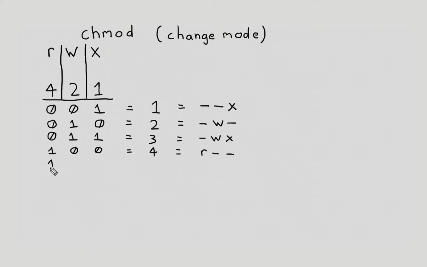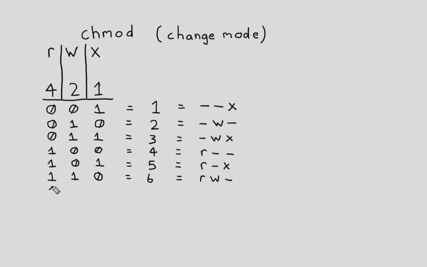5 would be 1 here in the 4's place, 0 in the 2's place, and a 1 here. That is 5, which equals read, no write, yes execute. 6 would be 1 in the 4, plus 2 is 6, nothing in the 1's place, and that would be read, write, no execute.